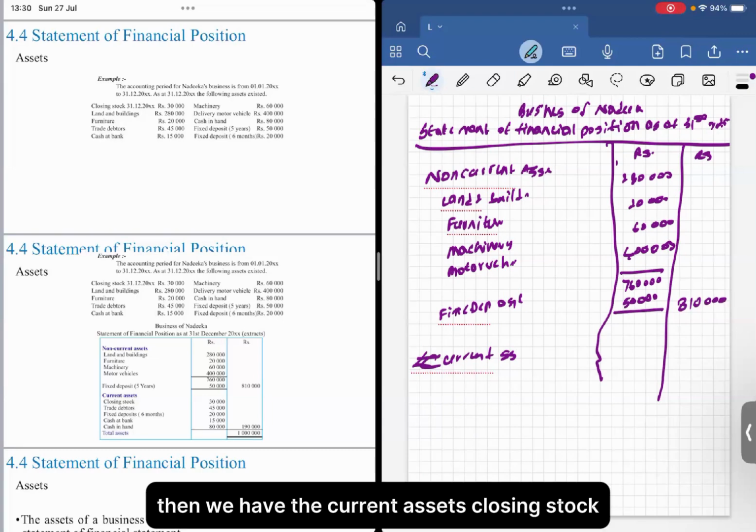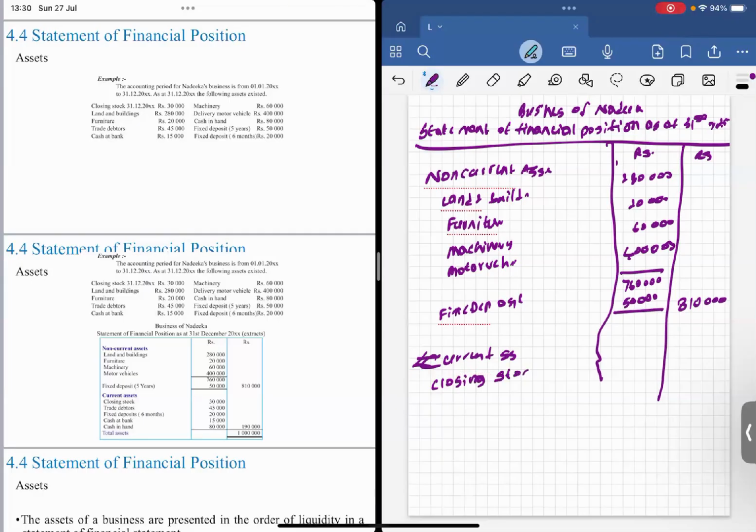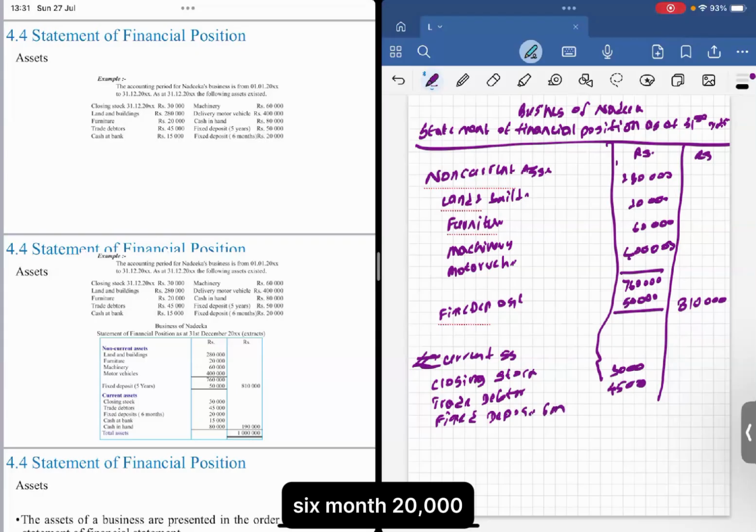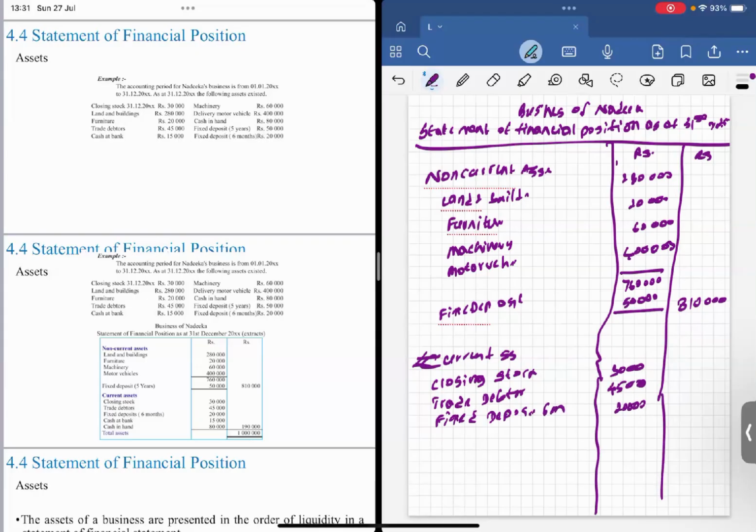Then we have the current assets: closing stock, which is 30,000. Trade debtors, 45,000. Fixed deposit, 6 month, 20,000. Cash at bank, which is 15,000.